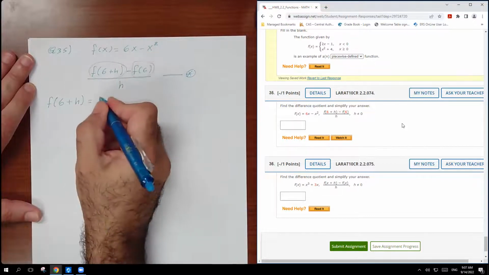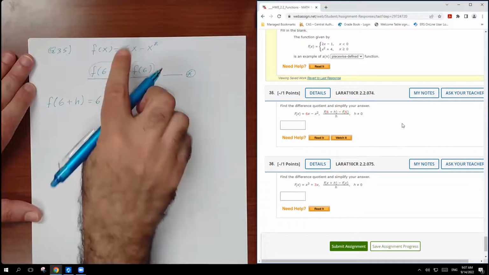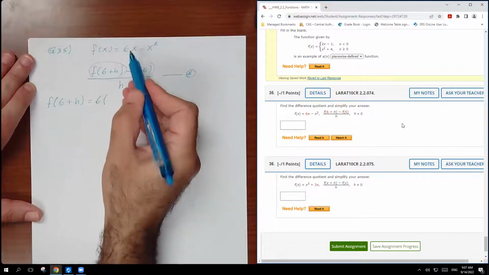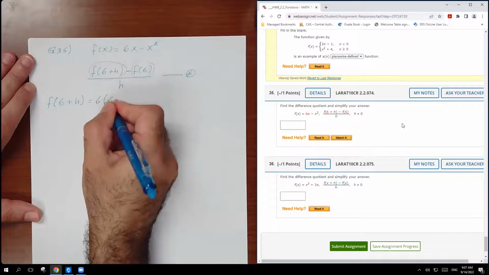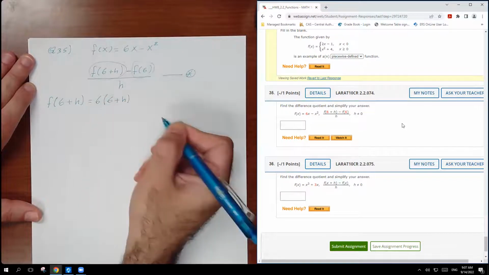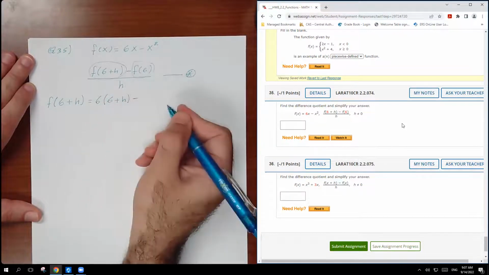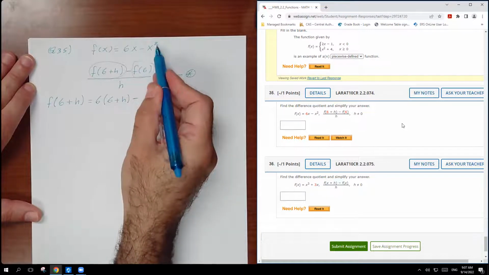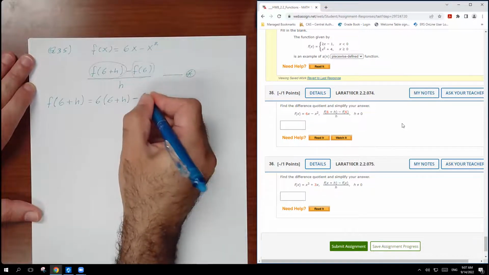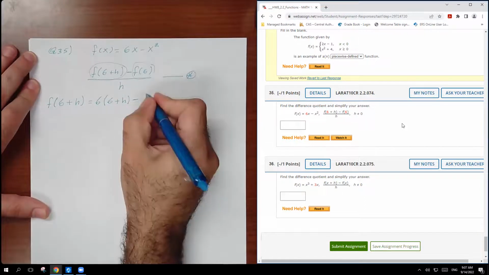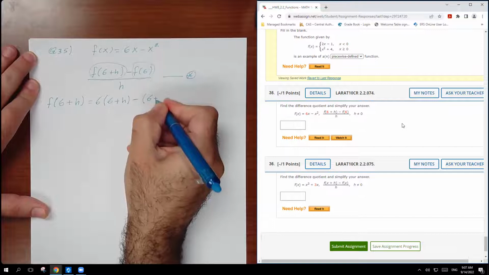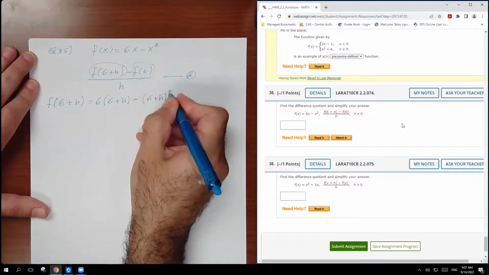So it's going to be 6, parentheses. I have an x, so I'm going to put 6 plus h. Close the parentheses. Minus x squared. I'm going to open parentheses, put 6 plus h, and close the parentheses.